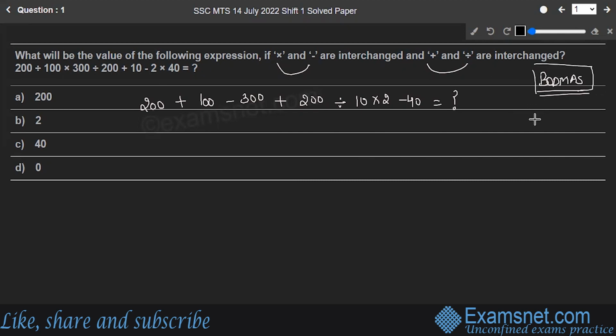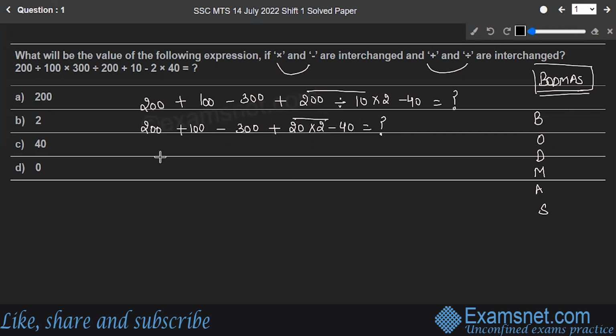It says first solve the brackets, then off, then division, then multiplication, then addition, and then subtraction. So the very first thing to solve here is the division. 200 divided by 10 gives you 20, so 200 plus 100 minus 300 plus 20 multiply 2 minus 40 is equal to question mark.